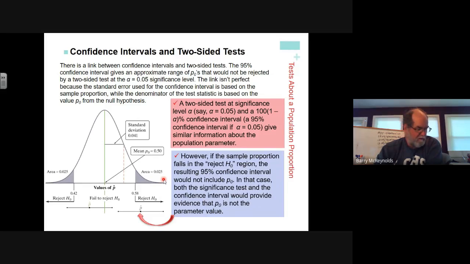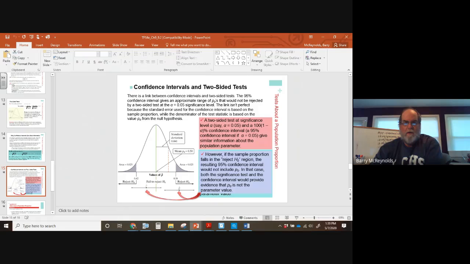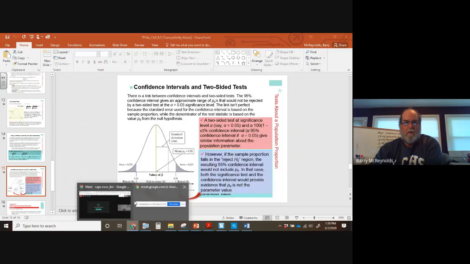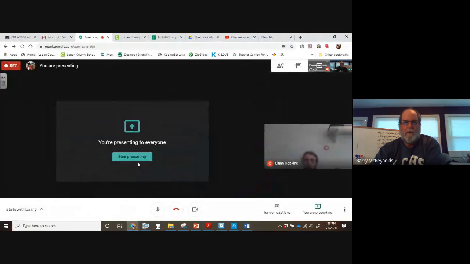What I want us to do while we're talking about it, I guess I can stop sharing the screen now and get back to face. What I want you to work on to practice this two-tailed test starts on page 563.